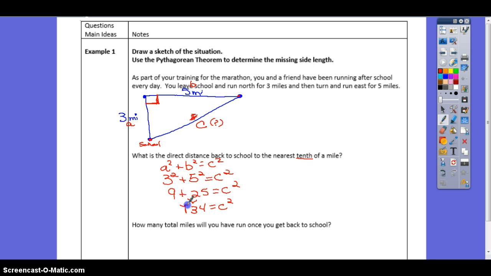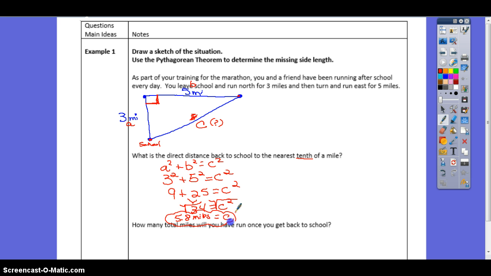We need to find the square root of each. So C equals what rounded to the nearest 10th? Yep, nice job. 5.8 and 5.8 what? Miles.